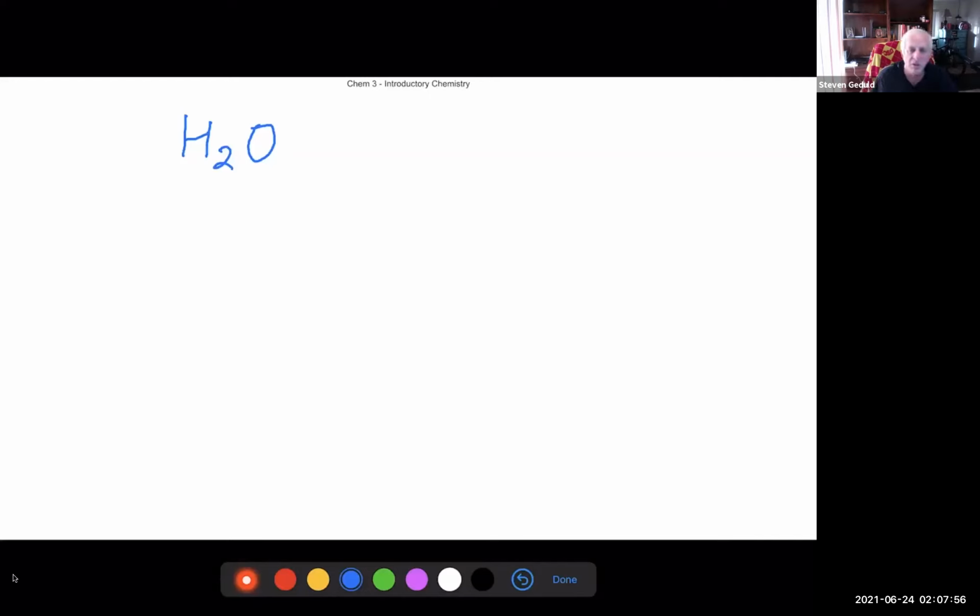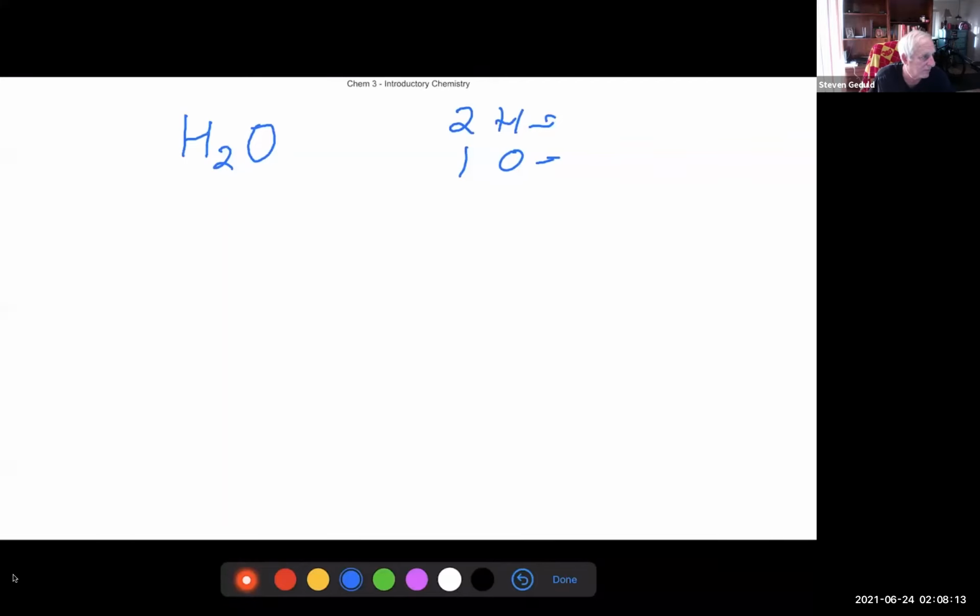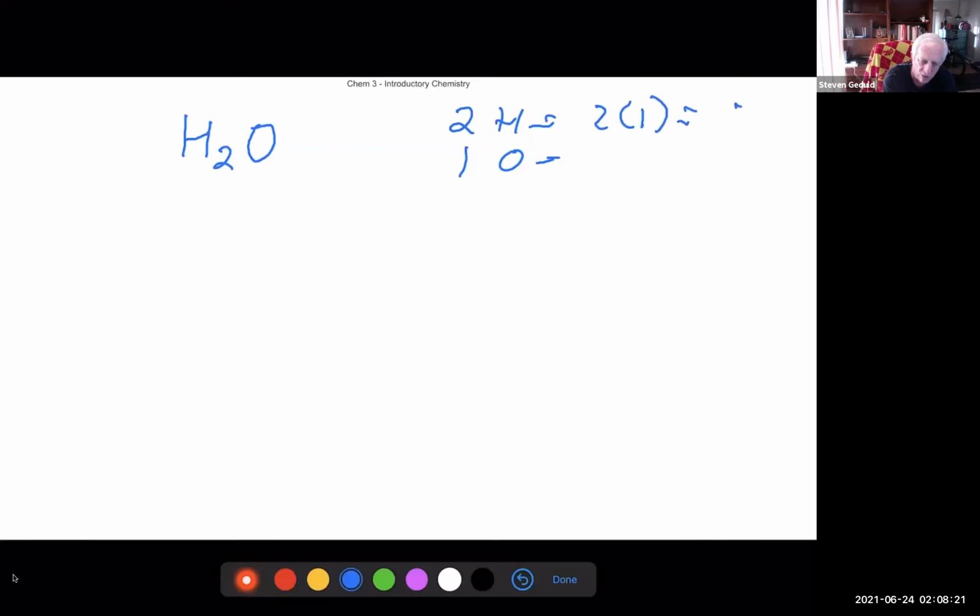So the first thing we do in drawing Lewis structures is count your valence electrons. We have 2 hydrogens and 1 oxygen. How many valence electrons does hydrogen have? 1. So 2 times 1 is 2.